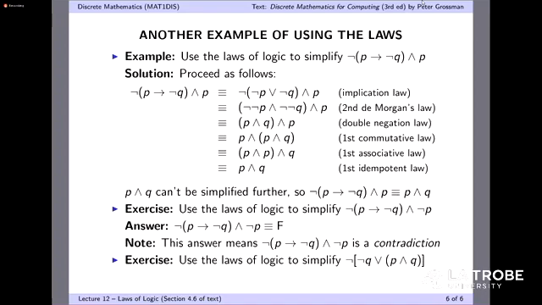Now, last exercise, use the laws of logic to simplify this expression. Let's see if you can do this. So this is the expression that I want to simplify.